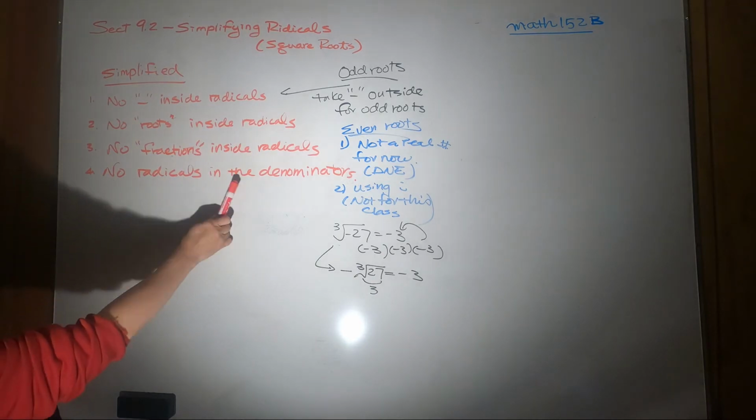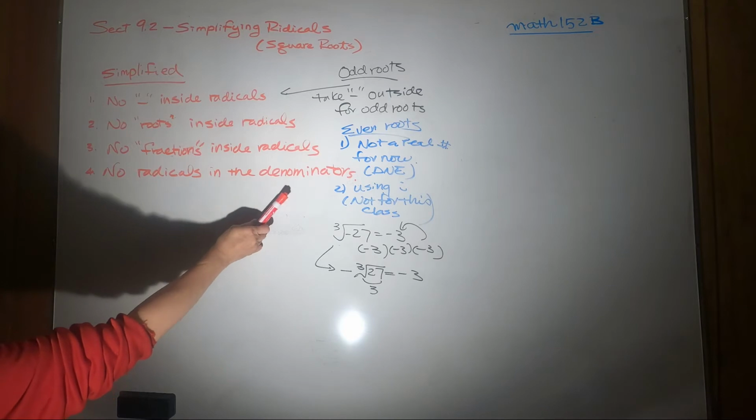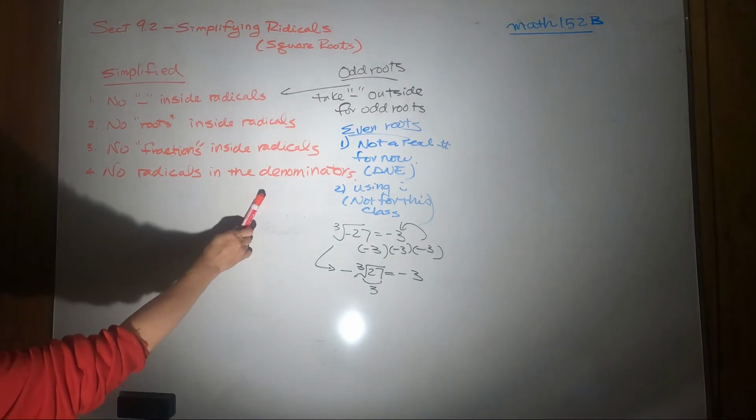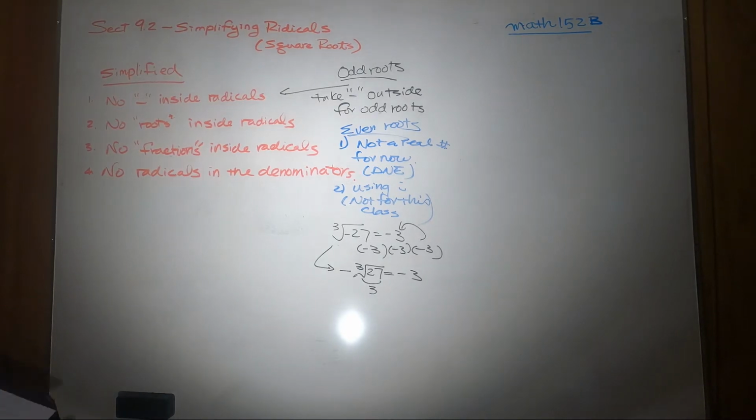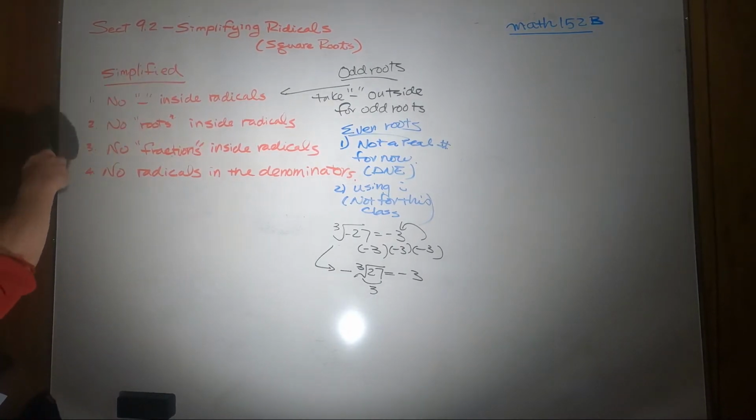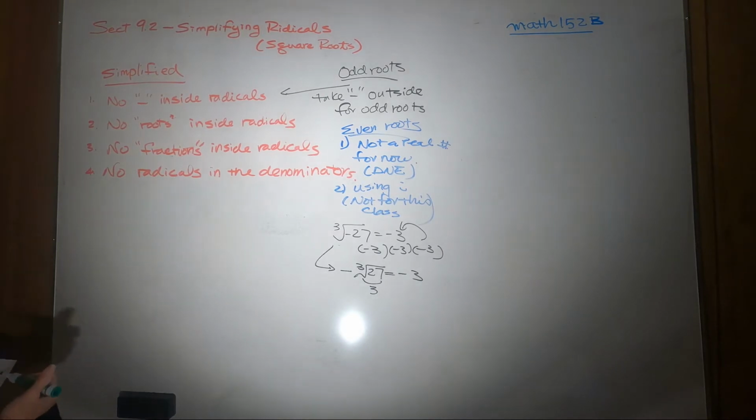Also, no radicals in the denominators. We always keep the denominator simple, like the LCD for adding and subtracting fractions, right? We want to simplify according to those rules.